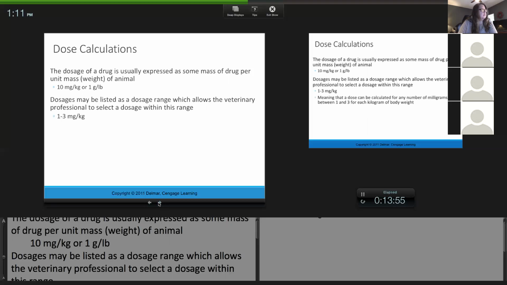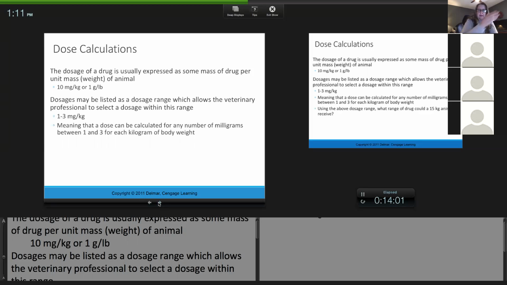Now, sometimes there is a dose range. A dose can be calculated anywhere between 1 and 3 milligrams per kilogram of body weight. I'm going to give you an example. Well, let me go back for just one second. Propofol in anesthesia is normally 4 to 8 milligrams per kilogram.